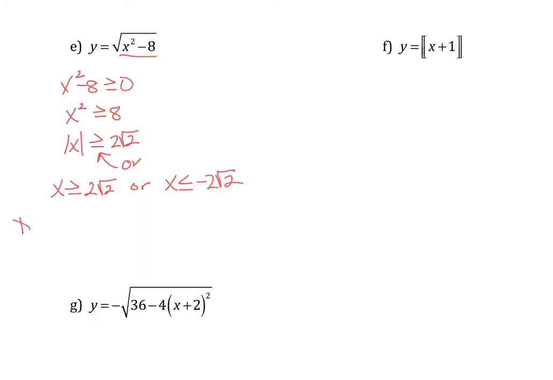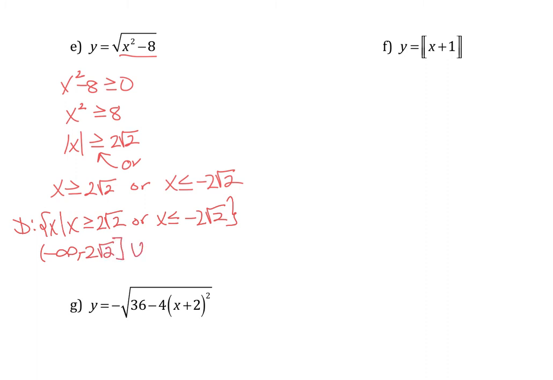So in my domain, in set notation, it would be x is greater than or equal to 2 root 2, or x is less than or equal to -2 root 2. In interval notation, it would be negative infinity to negative 2 root 2, and then a union, because you have a space, and then positive 2 root 2 to positive infinity.